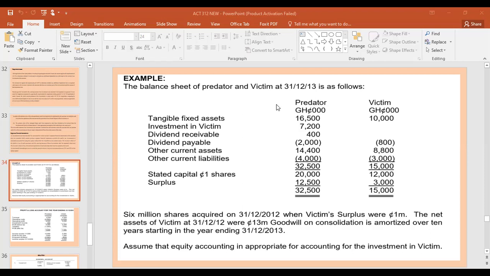Dividend receivable, 400. Other current assets, 14,400. Then you total, which you will definitely get 14,800.